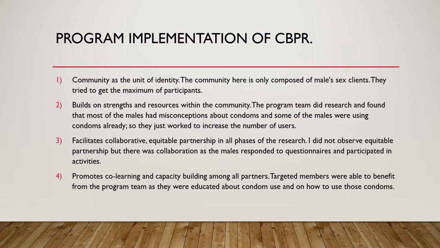Some of the misconceptions that the male sex clients had about condoms were that condoms could burst during sex, that condoms could slip out, that condoms can cause black spots on the penis, that condoms are too short and insufficient in length, and so many others.